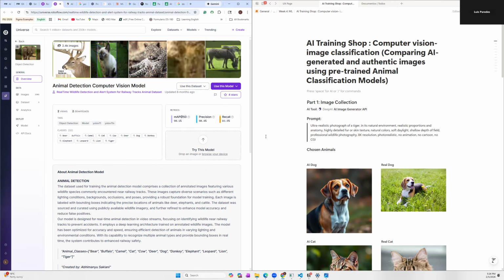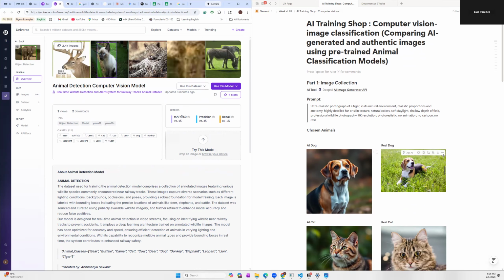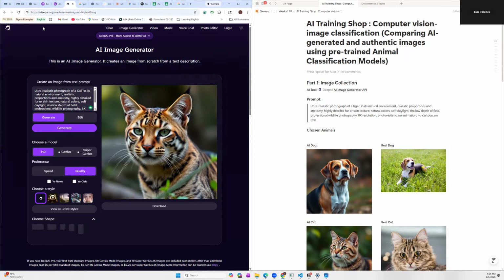And for the exercise, we're going to take 5 pictures of AI-generated images and 5 pictures of real-world images. The AI-generated images were generated by Deep AI, which is an AI image generator, and this is the prompt that we used to recreate these images.